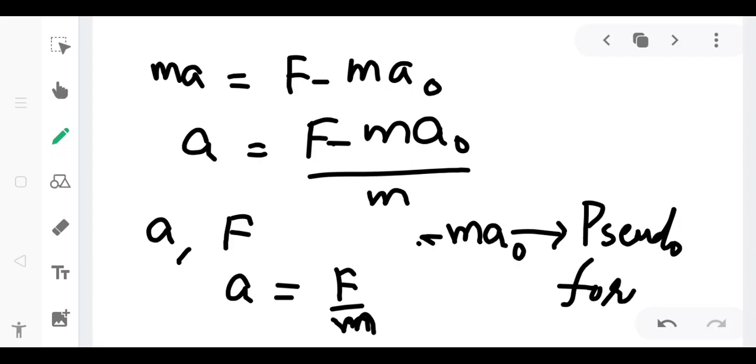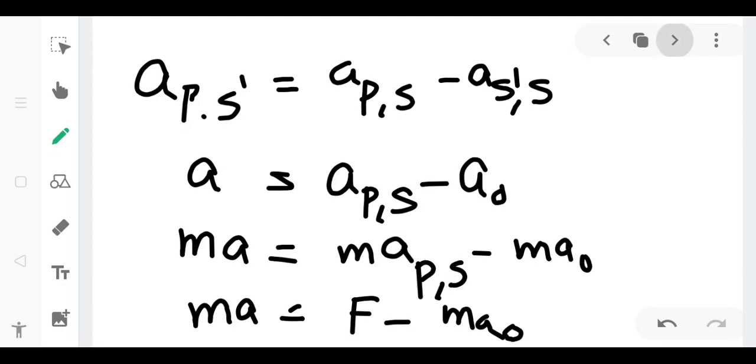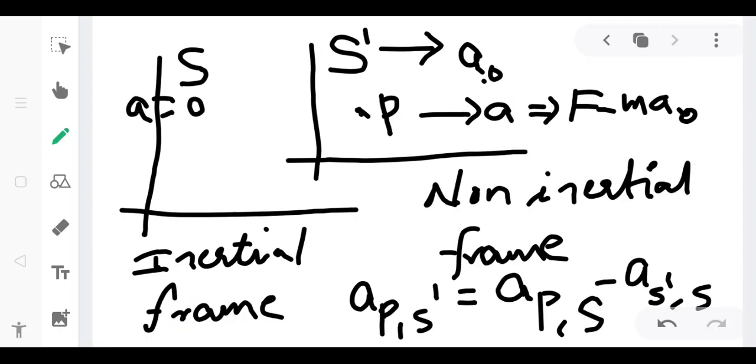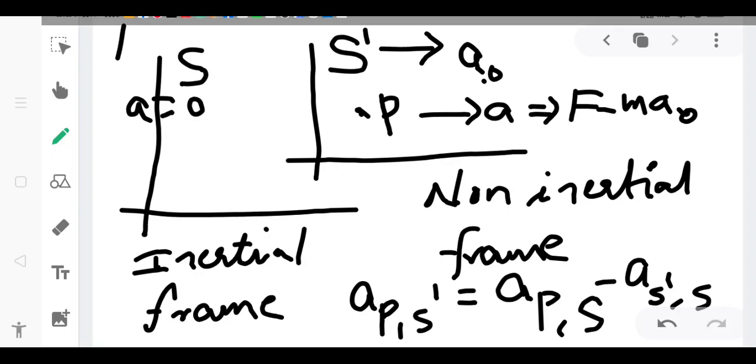force. Okay, so today our topic is pseudo forces.